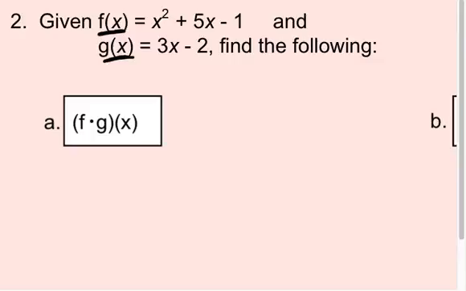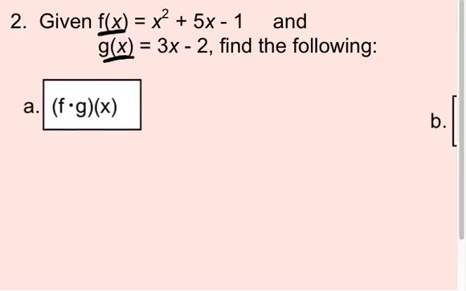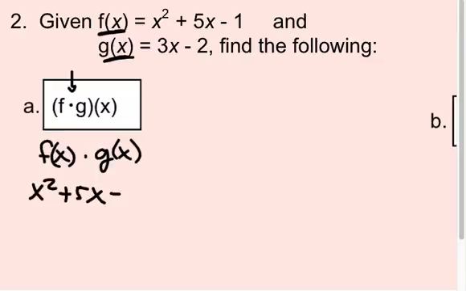So now we got times, this means multiplication, f times g of x. Well, that's f of x times g of x. So we got to do a little bit of multiplying here. f of x is x squared plus 5x minus 1, and this is times 3x minus 2.